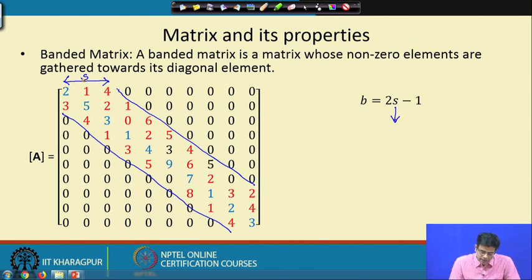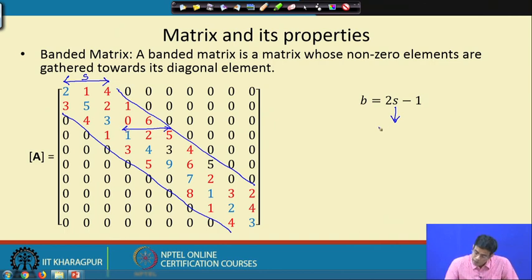So, how do I calculate this S? If you look carefully, for all diagonal elements, the maximum number of non-zero elements is only 2. So, this is my S.